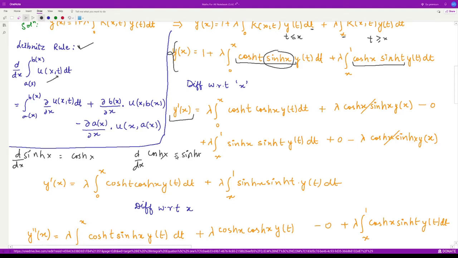That means there is no change in the signs. We just have to interchange sinh with cosh and cosh with sinh whenever we have a hyperbolic term.